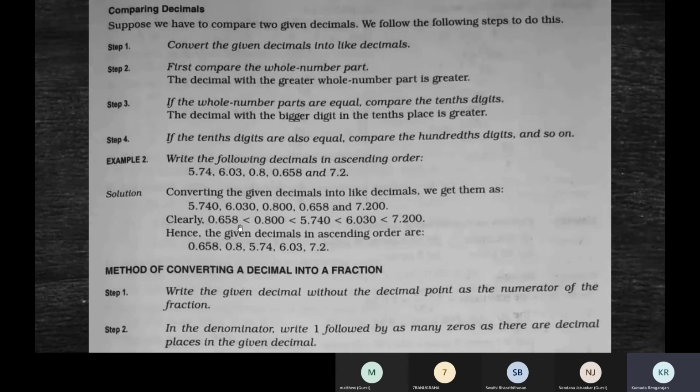So 0.658 first, then 0.800, then 5.740, then 6.030, and finally 7.200. This is the ascending order, small to big.